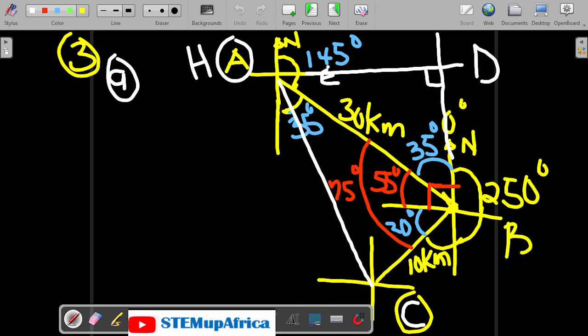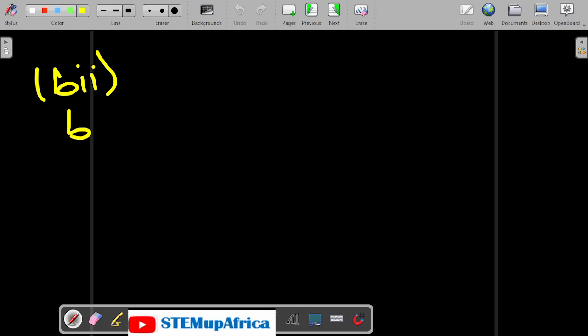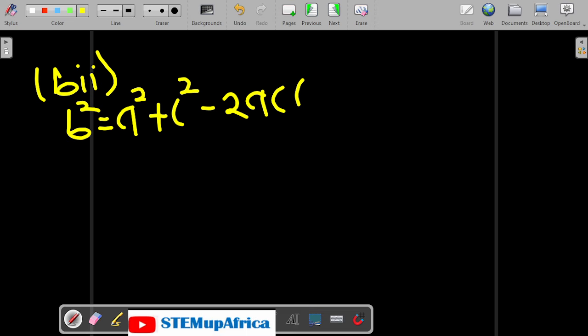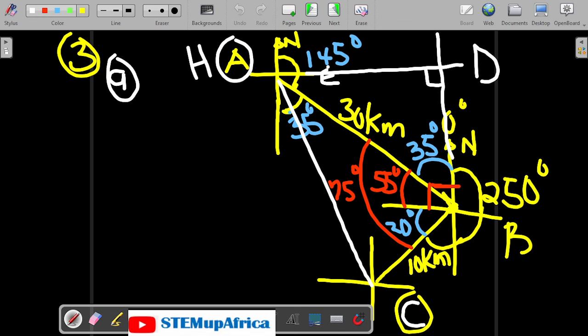So I'm using the cosine rule. I'm looking for my small b. So I'm going to have small b squared equals small a squared plus c squared minus 2ac cos big B. Where's my small a? My small a is 10, my small c is 30.